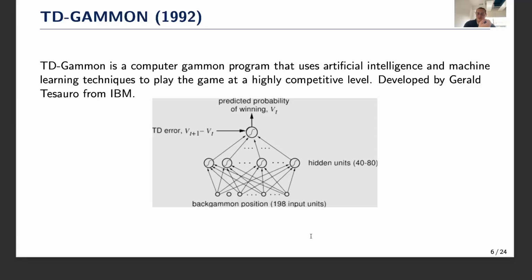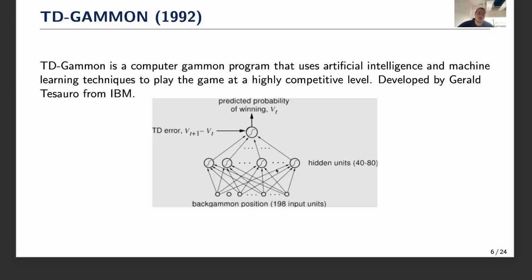TD-Gammon means temporal difference. It's combined with a simple neural network. At the bottom we have 198 input units, which represent the current board state, or the position of the pieces. Then a hidden layer of 40 or 80 neurons, nothing huge, even by 90s standards.